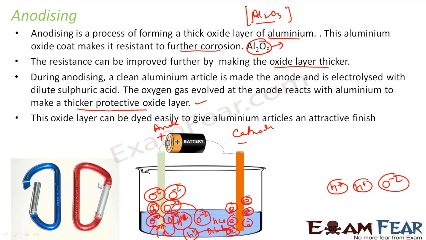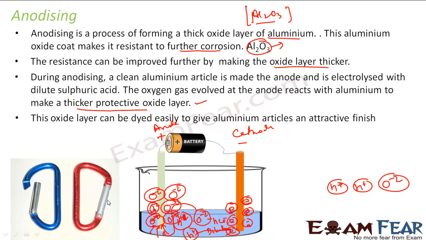This is used sometimes, because when you want to make it look green, pink or blue, we can put a dye in the dilute HCl solution, and that color becomes part of this aluminium, because a layer of Al2O3 is created. When the Al2O3 is created, it is in this color, because that's part of the acid.